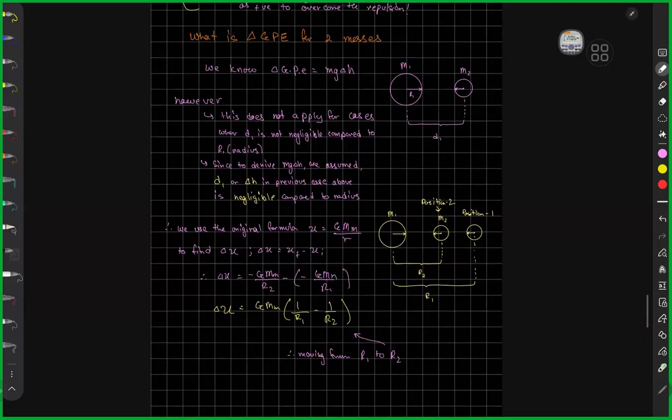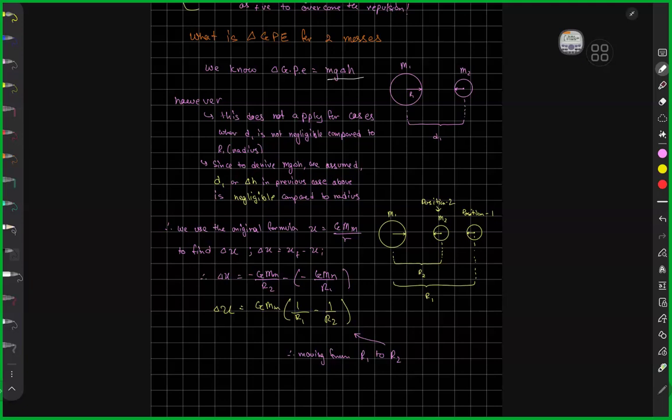Now, how do you find the change in GPE for two masses? So I have two masses over here. What is the difference in gravitational potential energy between the two objects? Now we know that the change in gravitational potential energy can be given by mgh, isn't it?